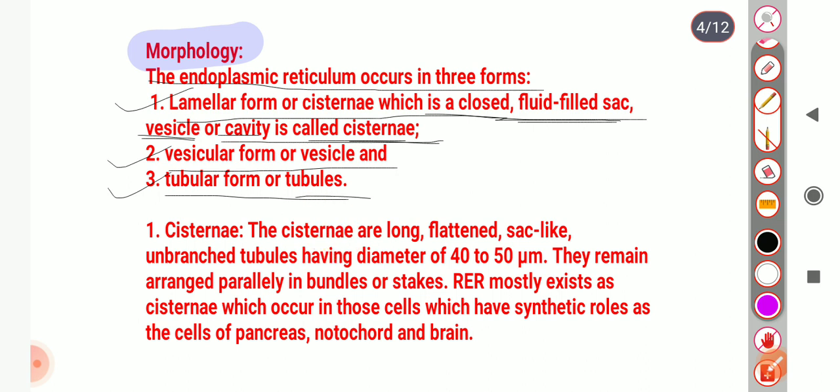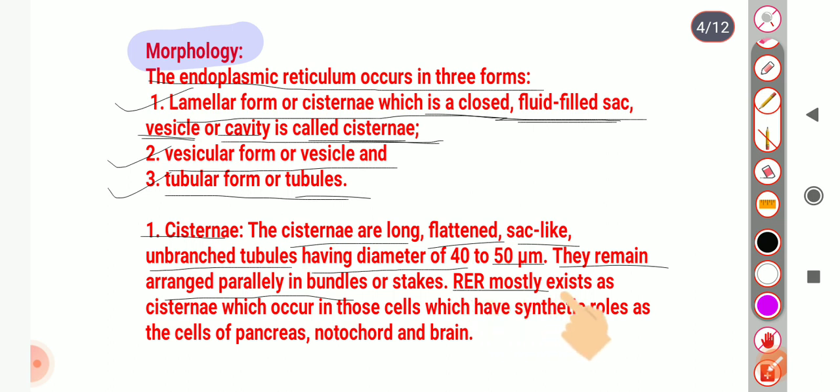First of all, we study cisterna. Cisternae are long, flattened, sac-like unbranched tubules with a diameter of 40 to 50 micrometer. They remain arranged parallel in bundles or stacks.